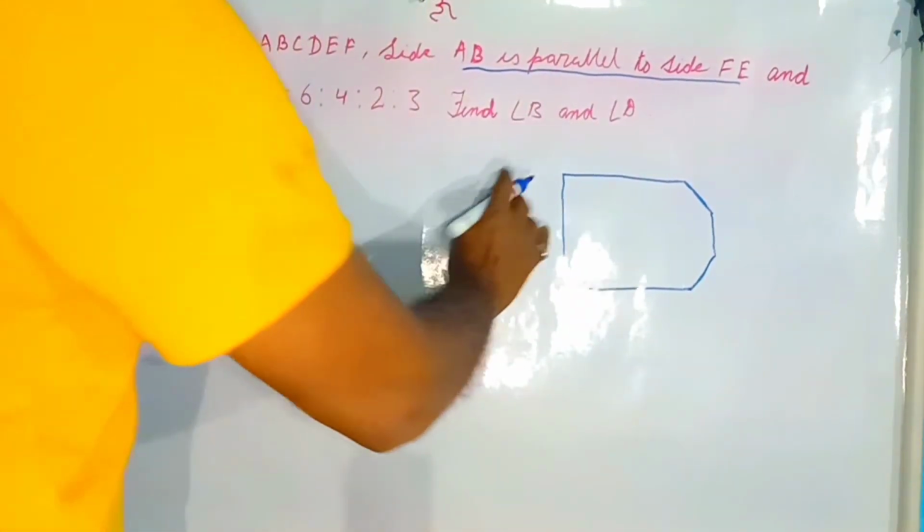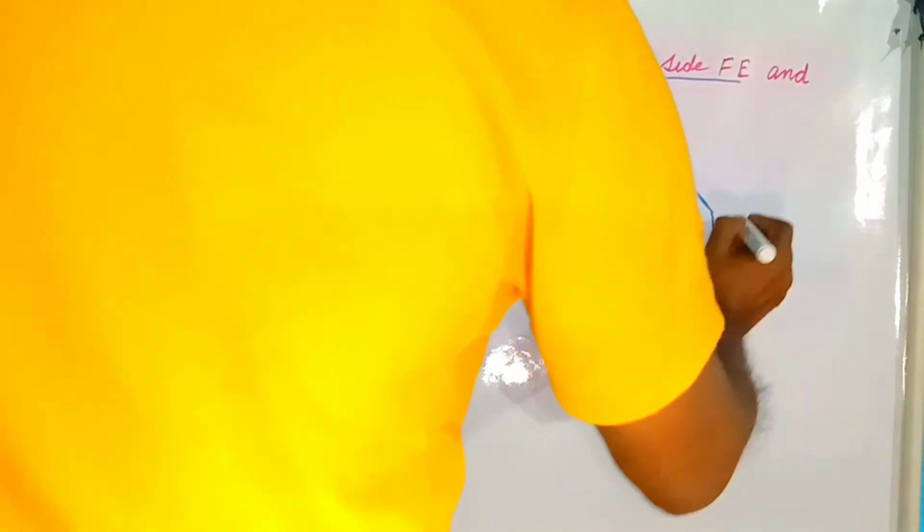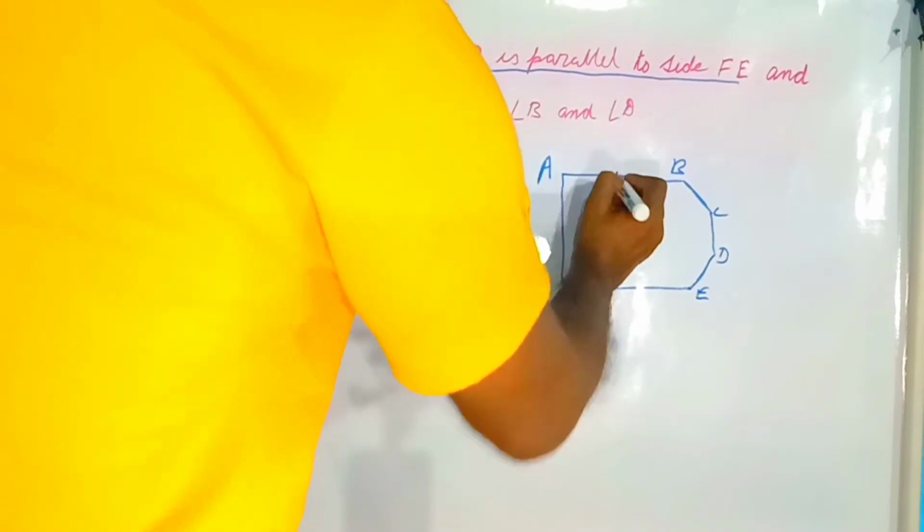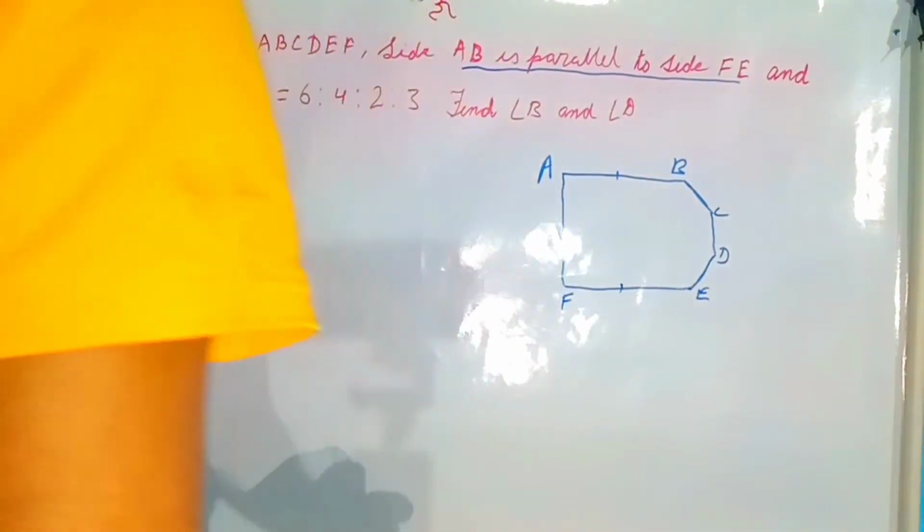Now we will name it A, B, then C, D, E and F. Now see, AB is parallel to FE.